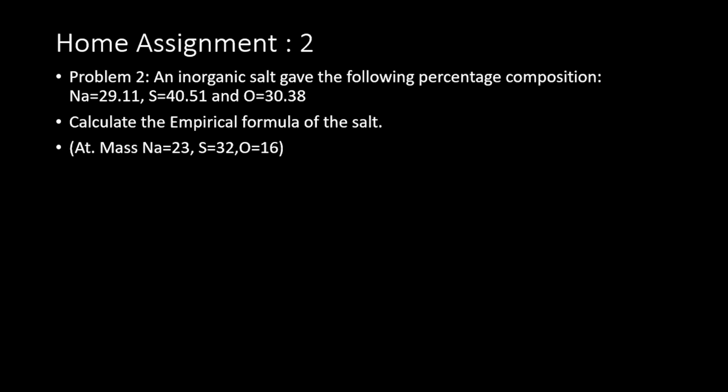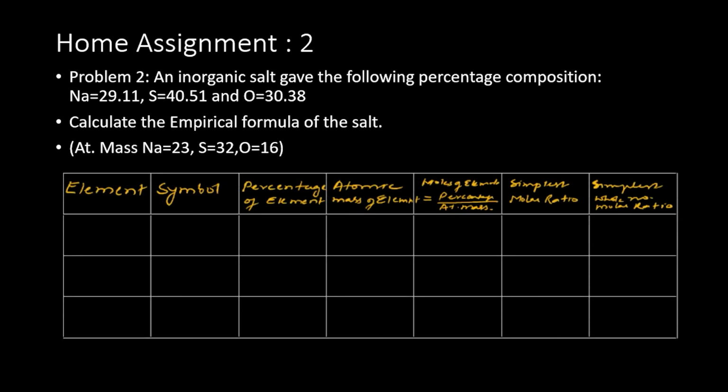Here is second assignment, which can also be solved following the given tables. We have to put over here first elements, then symbols, then percentage of the elements, then atomic masses, and with that you will calculate number of moles of elements, and then write simple whole number ratios, then simplest whole number ratios.